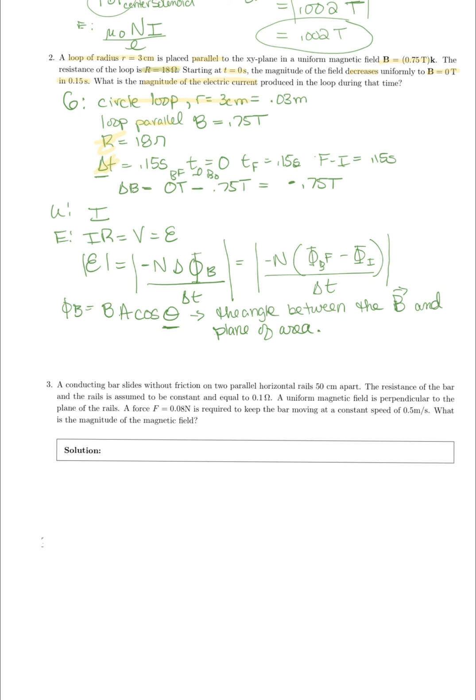Okay, so if I look right here, I know that I have a loop. And it says that it's placed parallel to this magnetic field. So say I have a magnetic field that's going into the screen, right? Or hold on, let's do it like this.